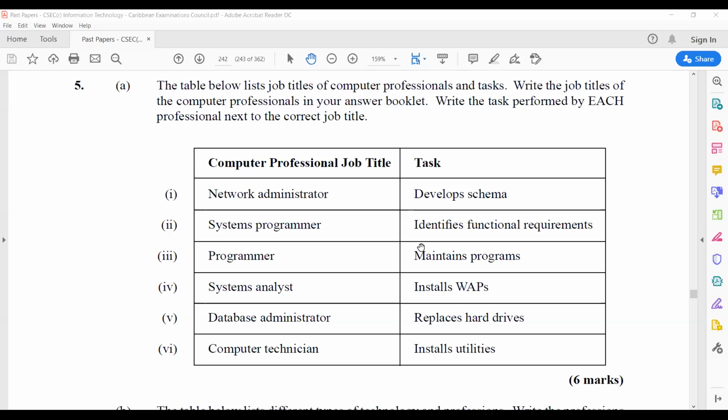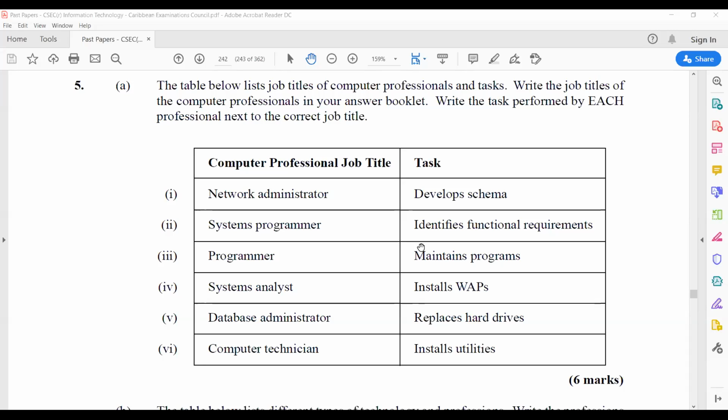Based on the information given, there is one acronym there, and the acronym is WAP. First of all, does anyone know what WAP stands for?